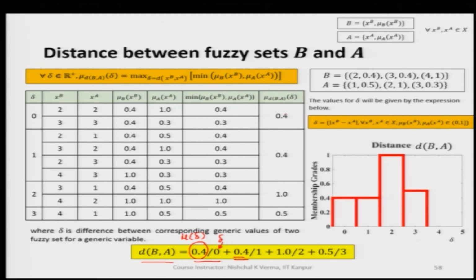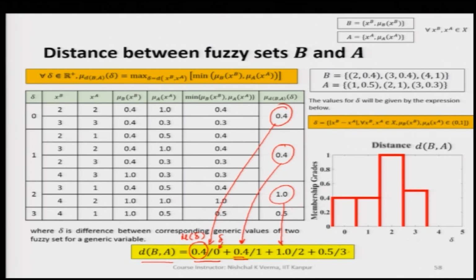This 0.4 is from here, and then for delta is equal to 1, we are getting the corresponding membership value from here, and then similarly for delta is equal to 2, we are getting the corresponding membership value here.